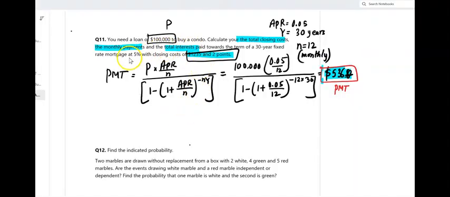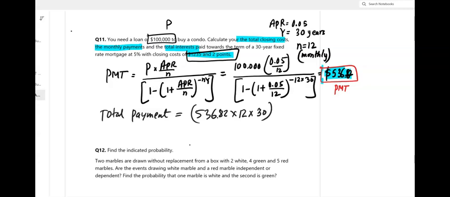To find the total interest, you have to find the total payment over 30 years. How much is the total payment? Total payment equals $536.82 every month, times 12 in 1 year, times 30.